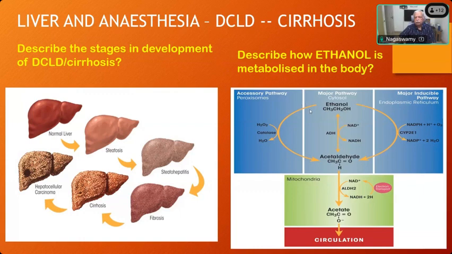Alcohol dehydrogenase and aldehyde dehydrogenase are the two very important enzymes which help in the metabolism or breakdown of ethanol that's consumed. So the first step happens in the cytoplasm of the liver cell. Because you are taking alcohol, the first enzyme to act on that is alcohol dehydrogenase, which converts this ethanol into acetaldehyde.